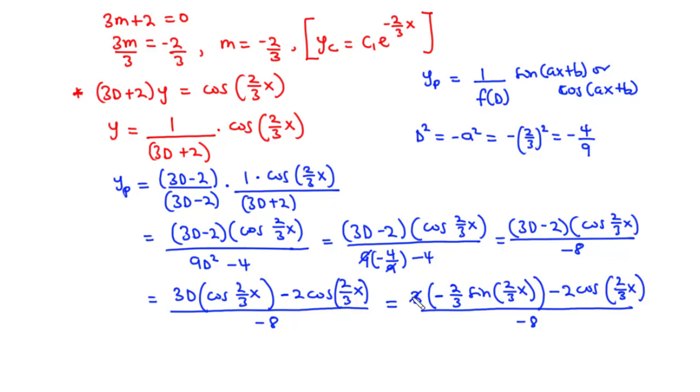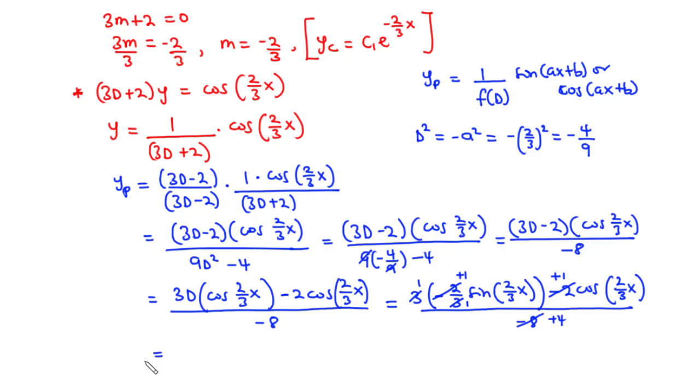Now 3 cancels out 3, and we are left with negative 2 sine 2 over 3 x minus 2 cos 2 over 3 x. Now negative 2 goes here once, so it becomes plus 1. Negative 2 goes here once, it becomes plus 1. Negative 2 goes here 4 times, it becomes plus 4.